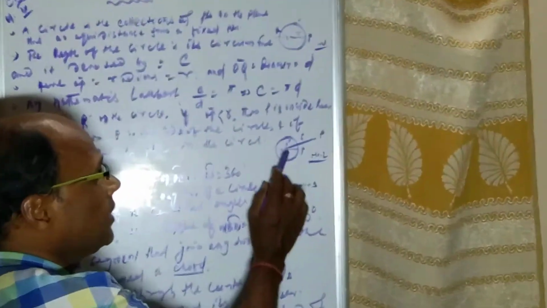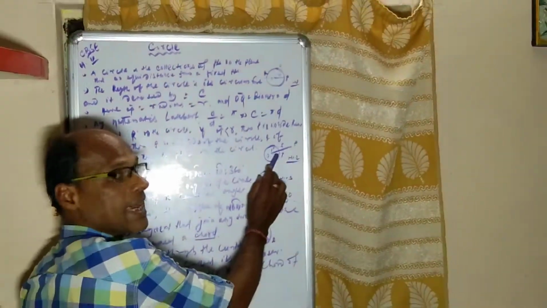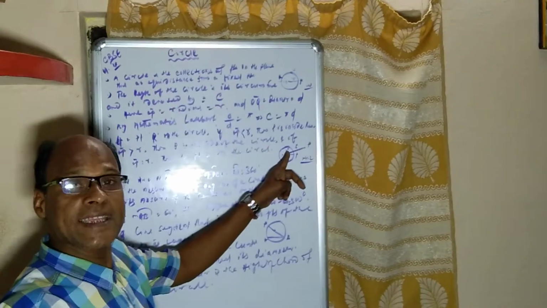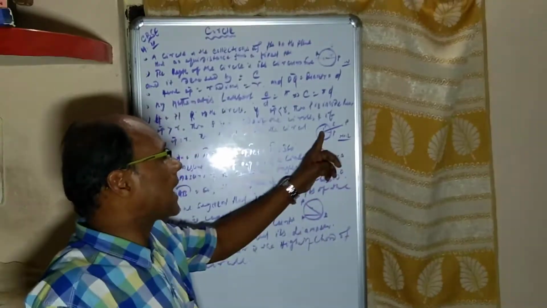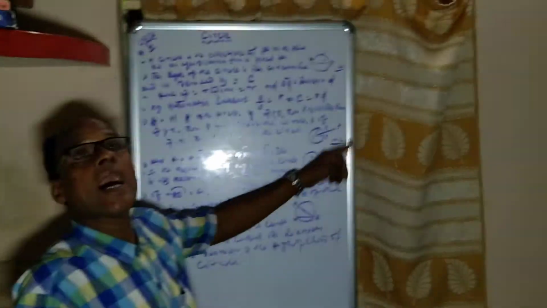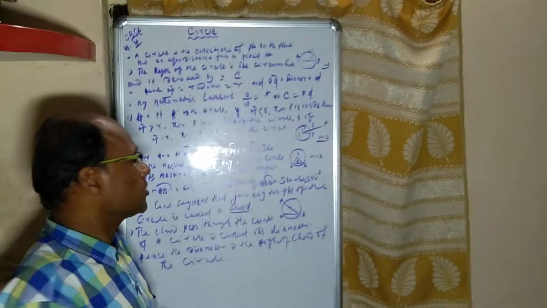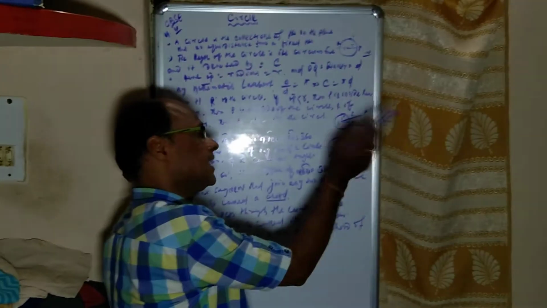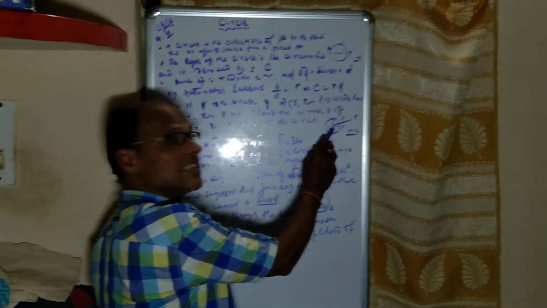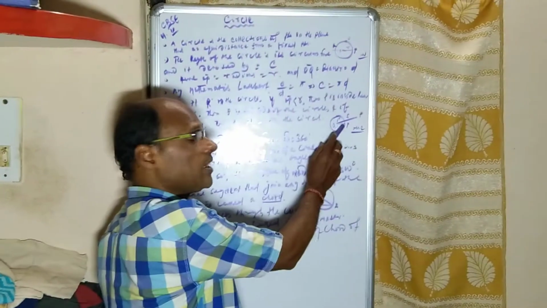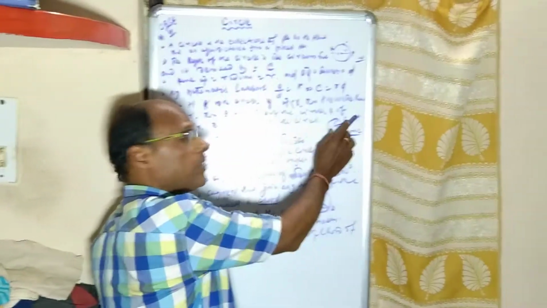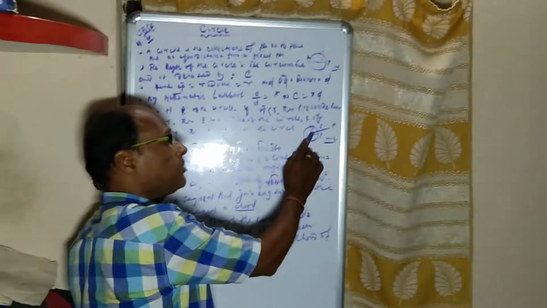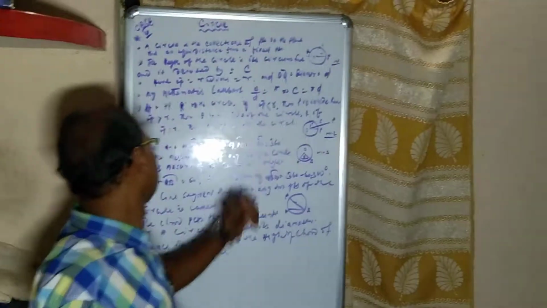So, if OP is less than R, P is inside the circle; if OP is equal to R, P is on the circle; and if OP is greater than R, P is outside the circle.